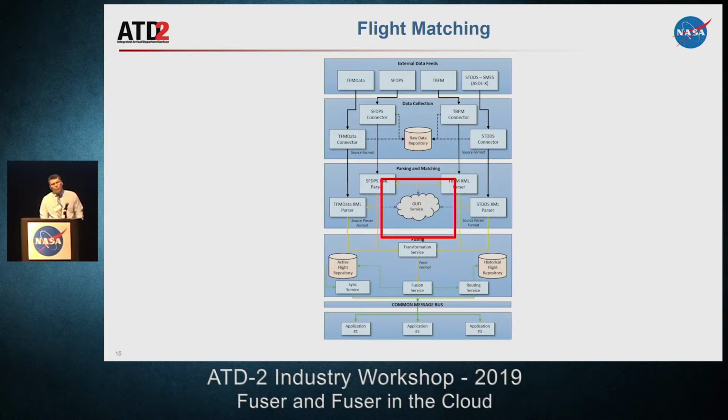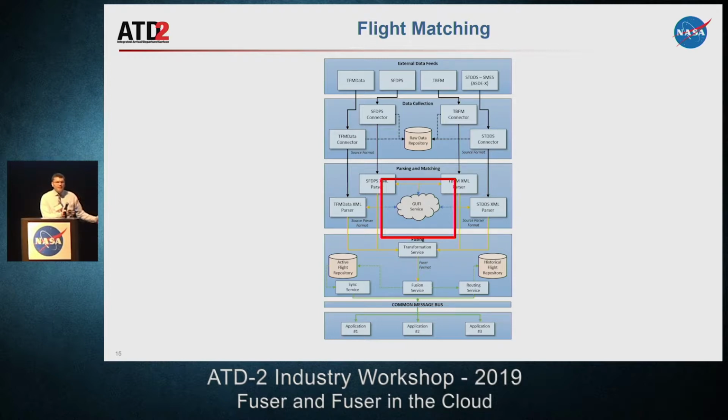So flight matching. When we're moving to the fuser in the cloud, I'll talk about this a little more. But with flight matching, we have this concept of local matchers and global matchers. They're integrated with our parsers, and the parsers will look to see, do I know enough information just in my own little local parsing repository to know for sure what the global unique flight ID is?